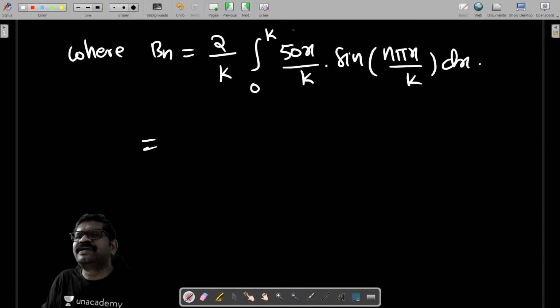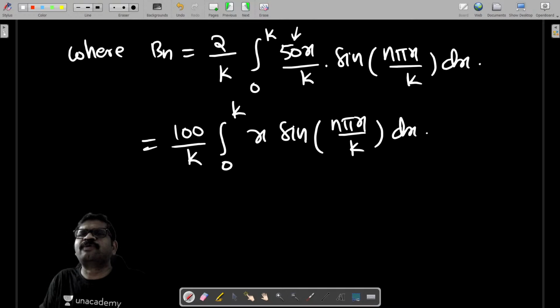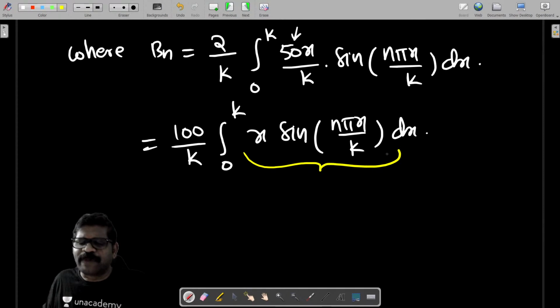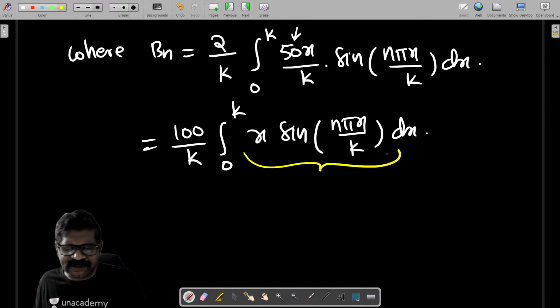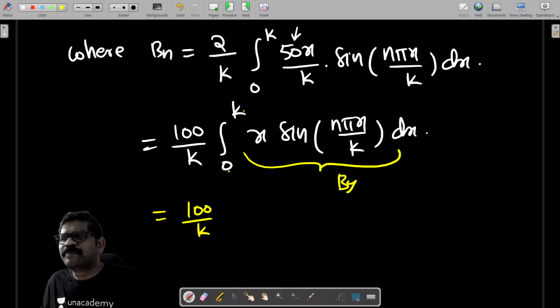Now 50 by k, if you pull outside, 50 by k into 2 by k is 100 by k square, integral 0 to k, x sin n pi x by k dx. We have to apply integration by parts here, and apply the limits 0 to k.